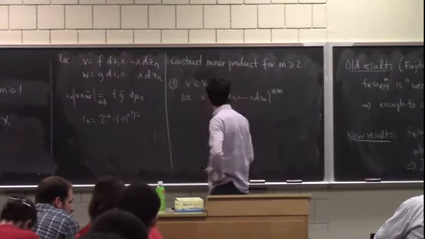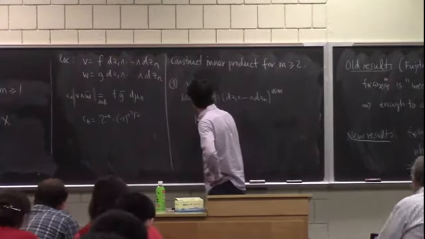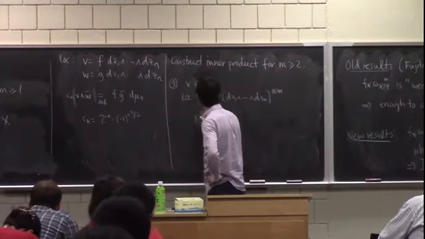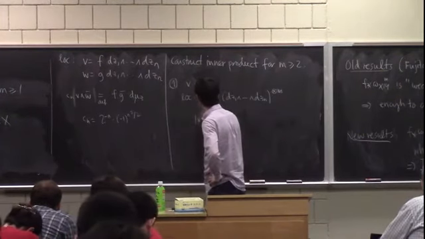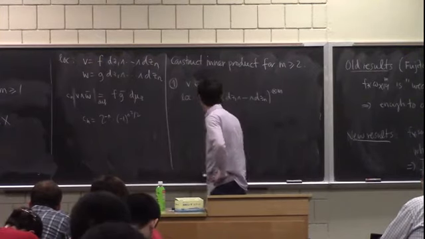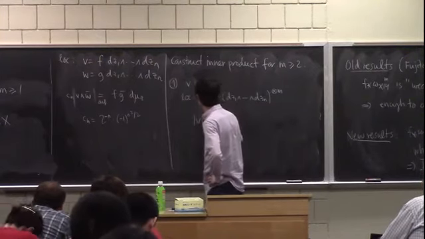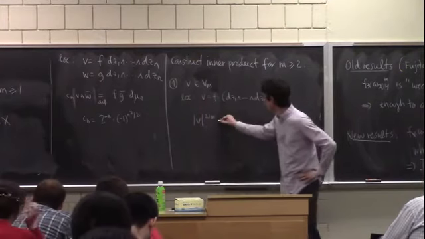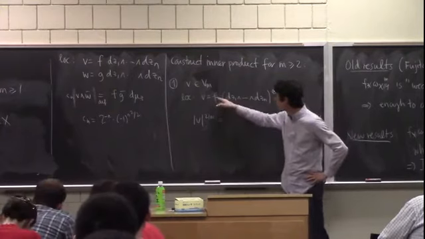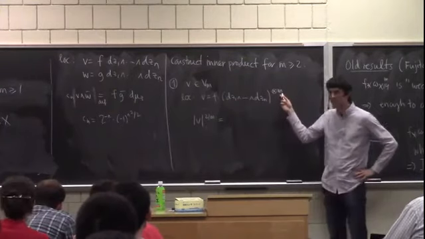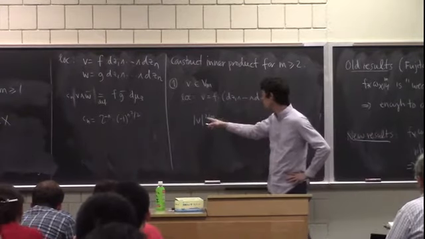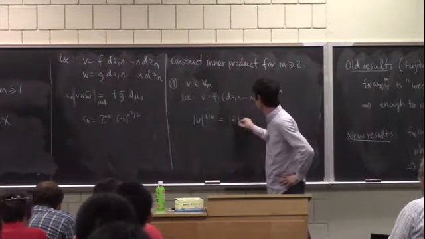I guess the analyst will be offended. So I'm going to write it like this, with the absolute value of f to the power 2 over m. What I can still do is wedge it with its conjugate, so I get f absolute value squared, and then I extract the m-th root of it to make a volume form, so this is to the power 2 over m.